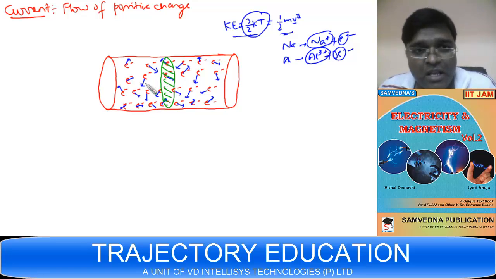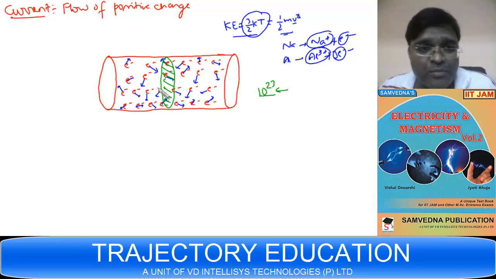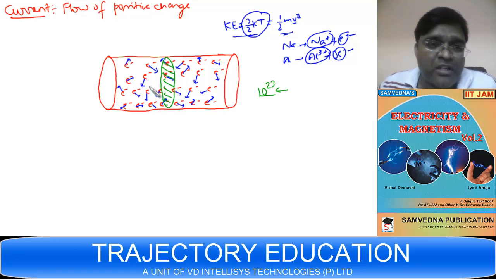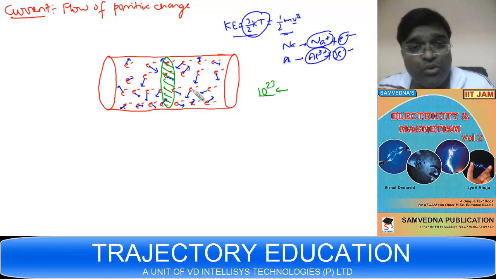Can I say this? See, if there are 10 electrons, I can't say this. But the number of electrons lies in the range of 10 to the power 23. So at such a range, the probabilistic statement can turn out to be exact. The number of electrons is very huge.